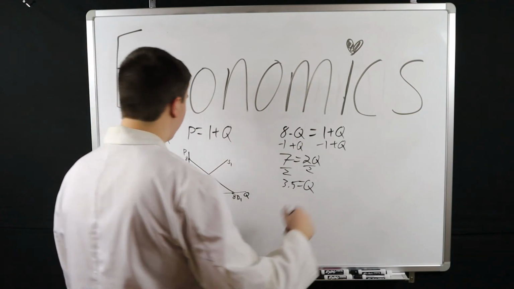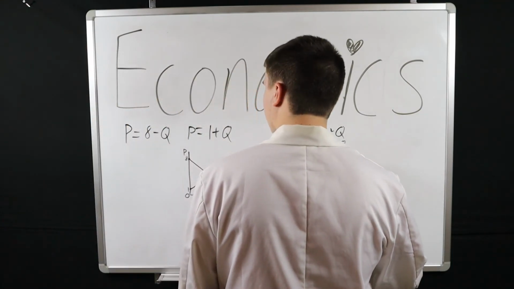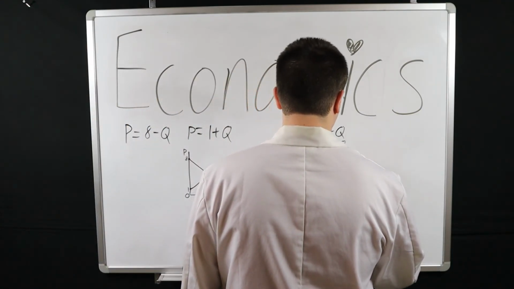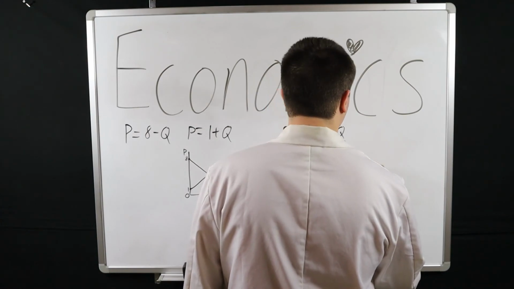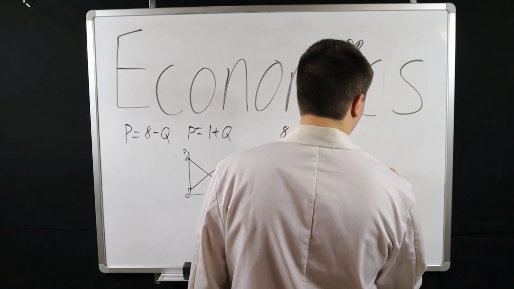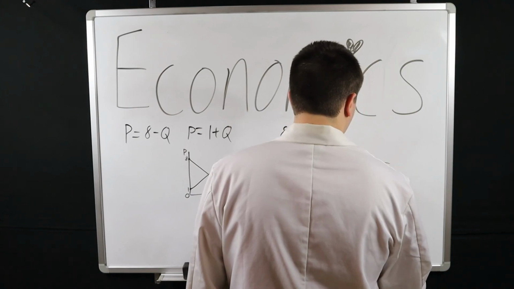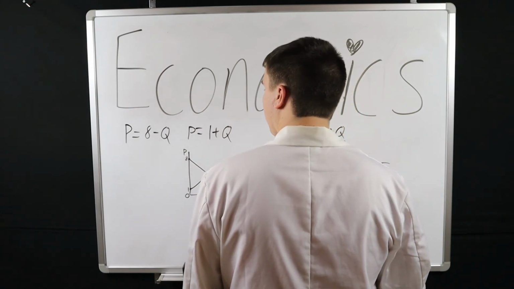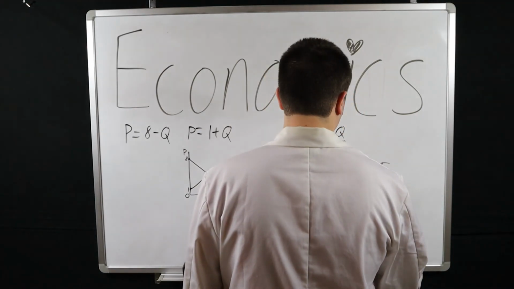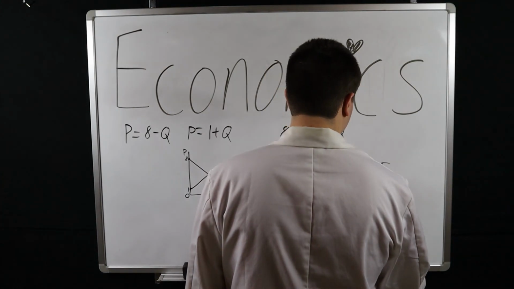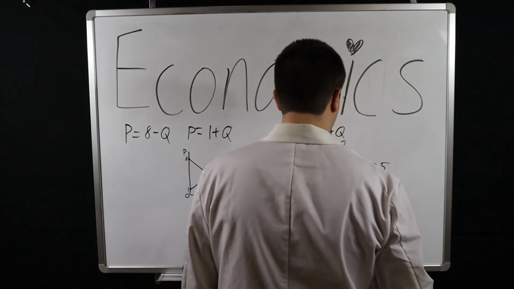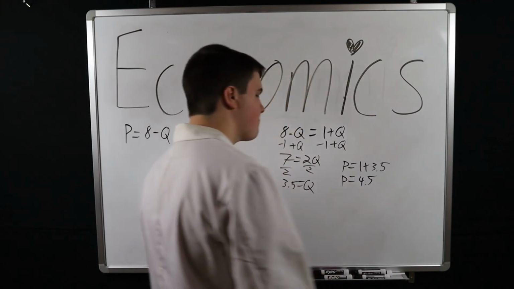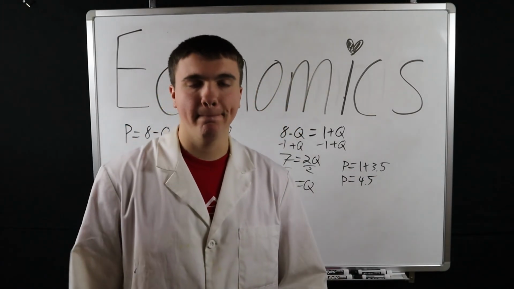So we'll plug it into our supply curve because that's easier. We set price equal to 1 plus 3.5. We get 4.5.